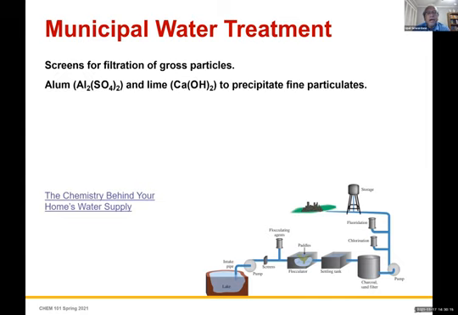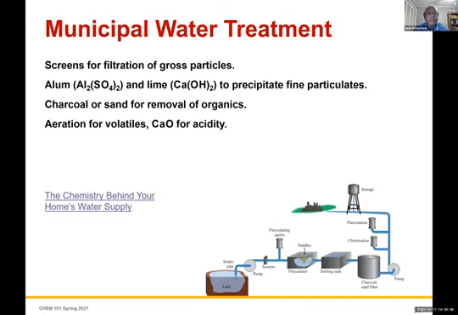Alum, aluminum sulfate, and lime are used to precipitate fine particles. Water passes through charcoal and sand filters to remove organic substances that contaminate the wastewater.